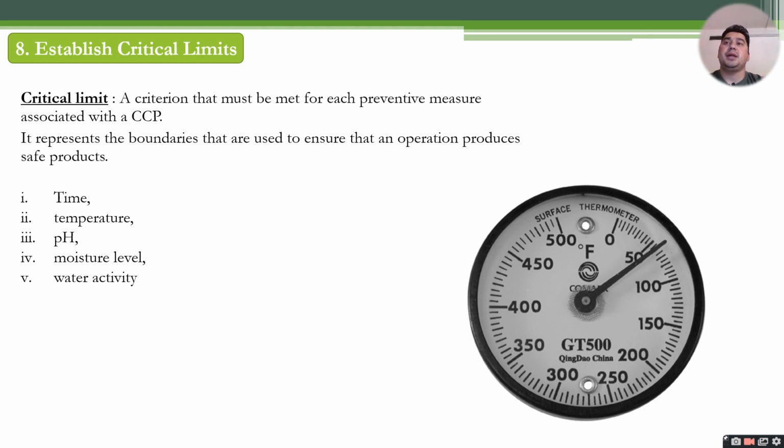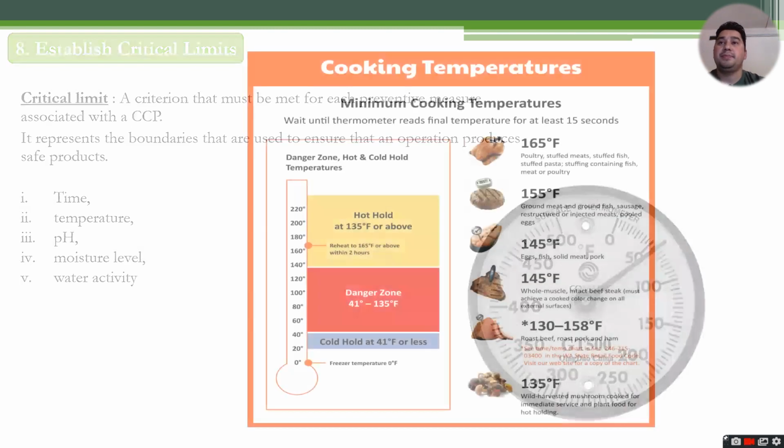A critical limit is a criterion that must be met for each preventive measure associated with a CCP. It represents the boundaries that are used to ensure that an operation produces safe products. It could be time, temperature, pH, moisture level, or water activity.